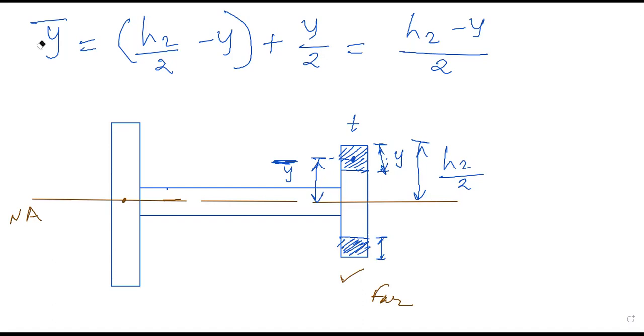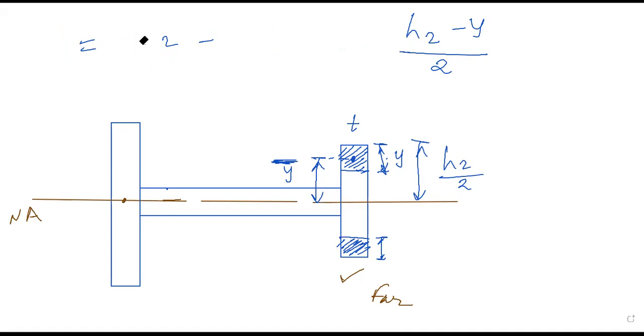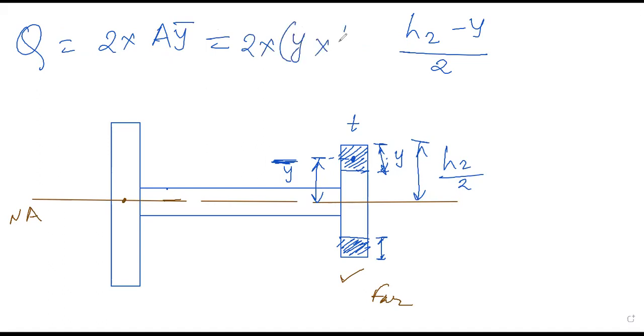So now next we have to find out the capital Q. So capital Q is equal to A Y bar, which is equal to Y multiplied by T multiplied by Y bar, that is h2 minus Y by 2.